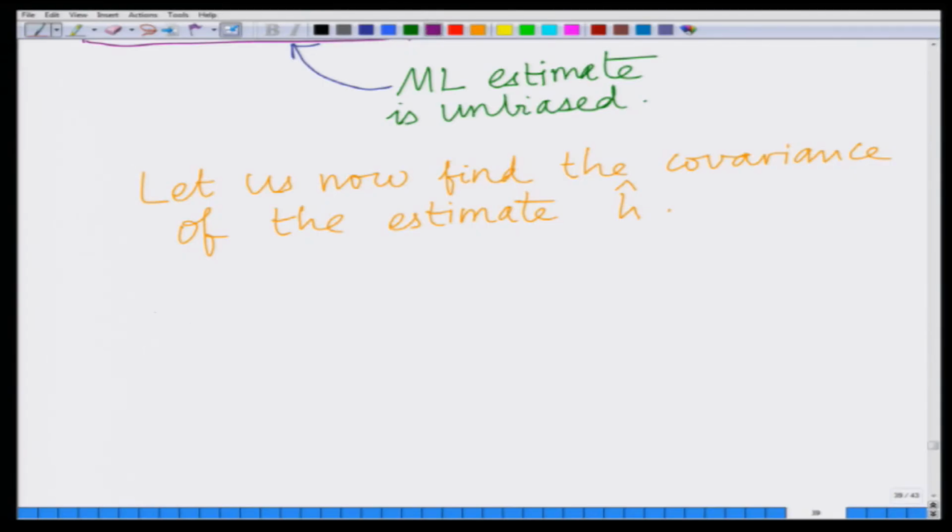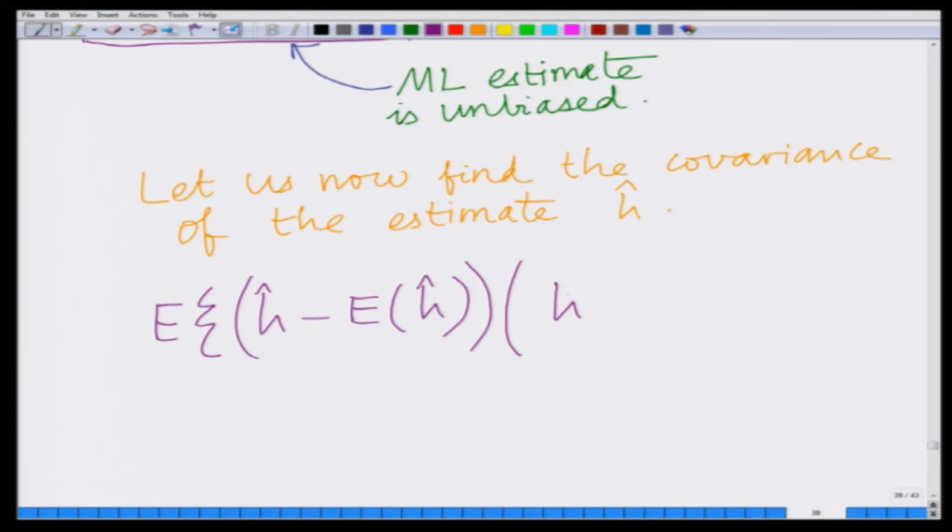That is, the covariance of the estimate is defined as, remember, expected value of H hat minus the expected value of H hat times its transpose, H hat minus expected value of H hat transpose, and now realize that expected value of H hat is basically your vector H bar, because the estimate is unbiased.